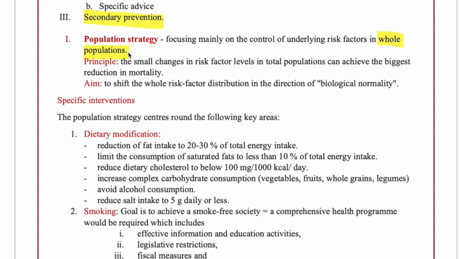This is because CHD is considered as a mass disease, and this works on the principle that even a small change in risk factor levels in total population can achieve the biggest reduction in mortality, and the aim is to shift the whole risk factor distribution into normalcy. That is, the aim is to remove the risk factors from the society.